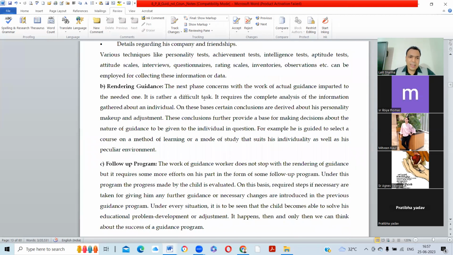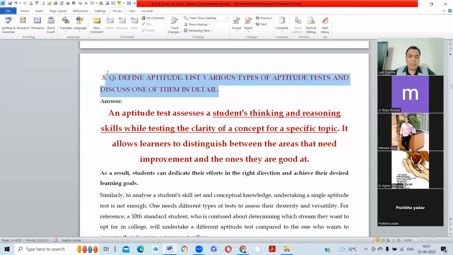Okay, so the third question: define the aptitude test, list various types of aptitude tests and discuss one of them in detail. So first of all I want to tell you, basically these things are now not happening in India. I have seen very few guidance and counseling bureaus where parents go with their children to check the aptitude level of their student.